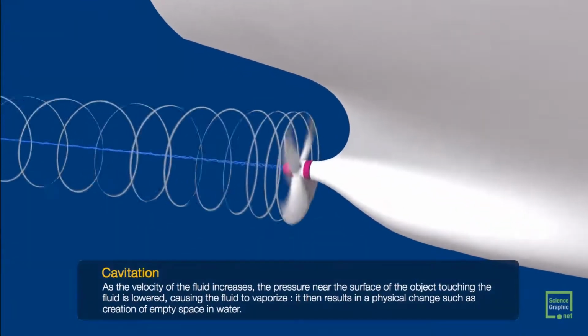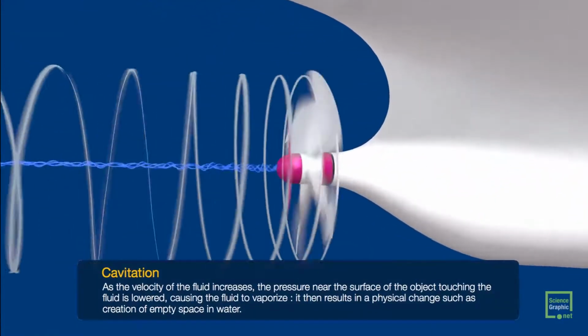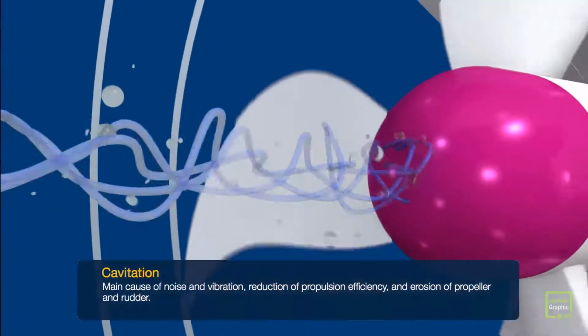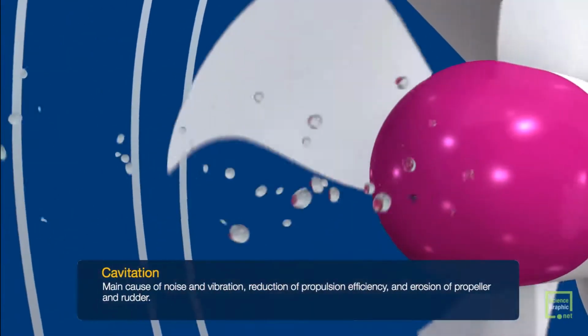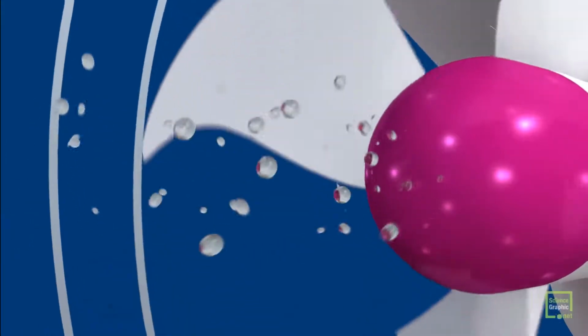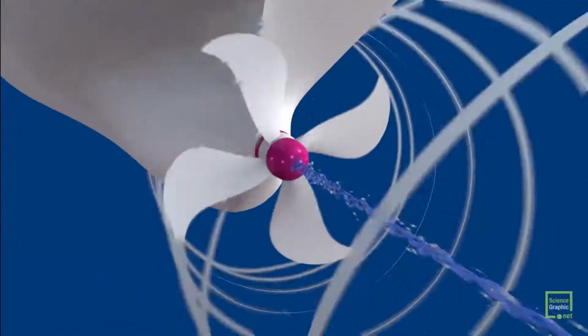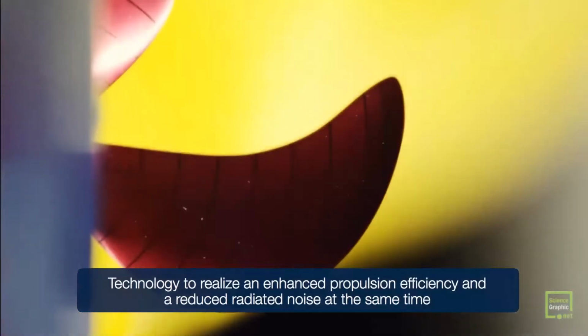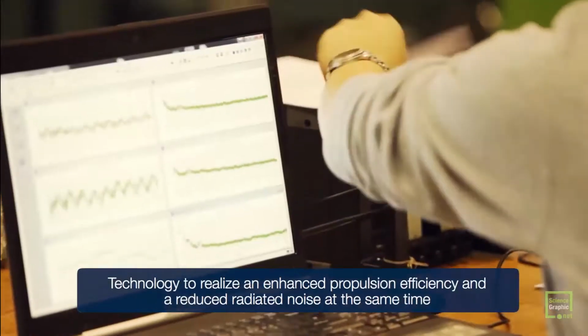Various types of strong cavitation occur in the propeller. This is the main cause of noise and vibration of ship, loss of propulsion efficiency, and propeller and rudder erosion. Dr. Seol's team has managed to not only enhance propulsion efficiency, but reduce radiated noise using a technology that improves the propeller cavitation.